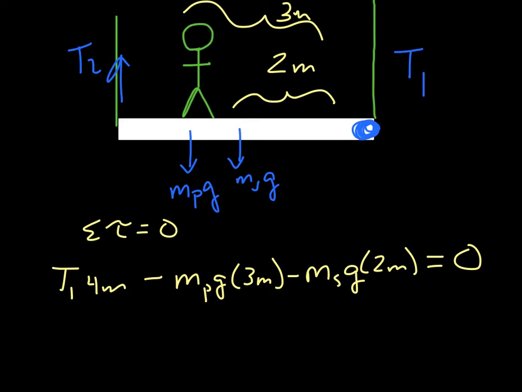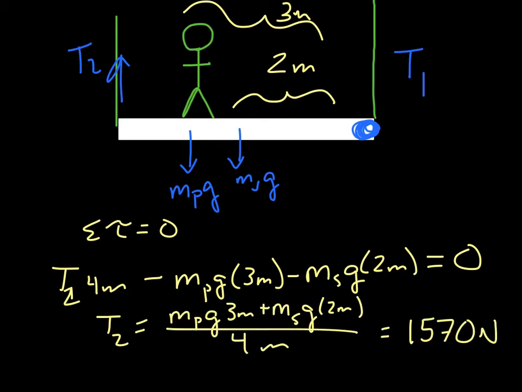Right. So if you solve for this, which is the other perk, notice that T1 doesn't appear, which means this is T2. Notice that this T1 right here doesn't appear in the equation because it's at the pivot point. So if we solve this, T2 equals, plug in numbers, go through some of the math, you get 1570 newtons.